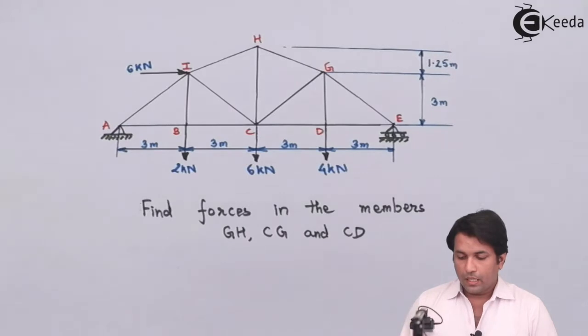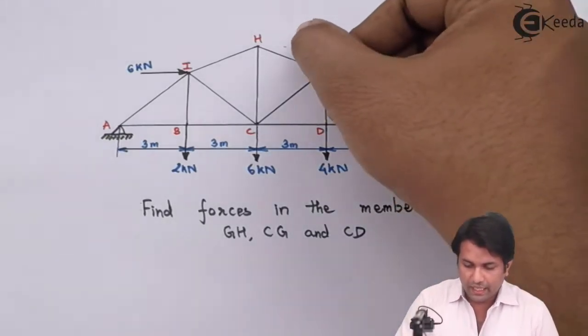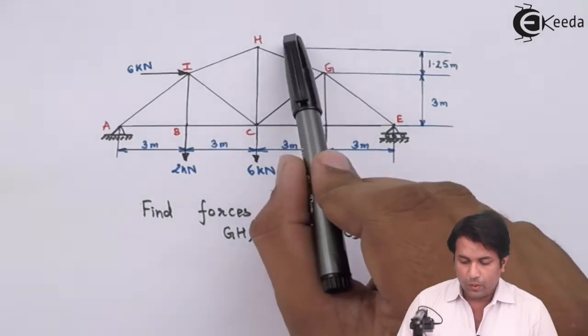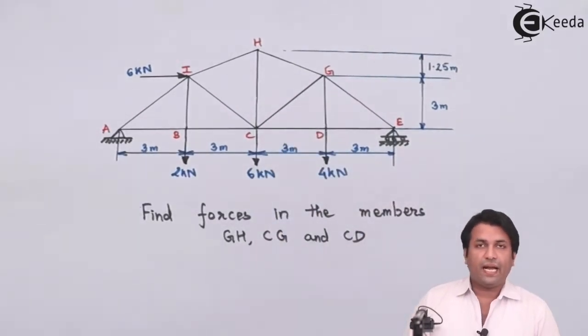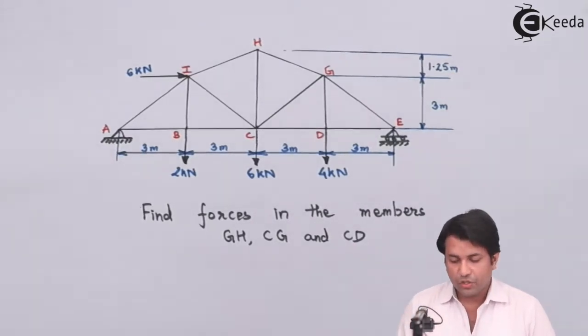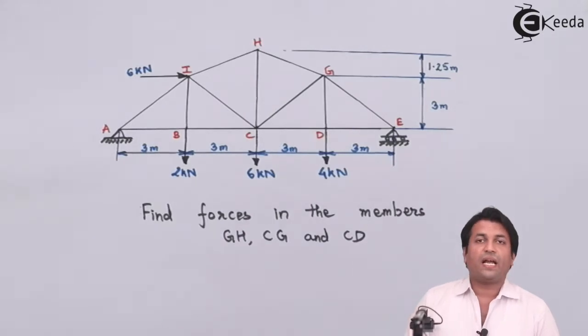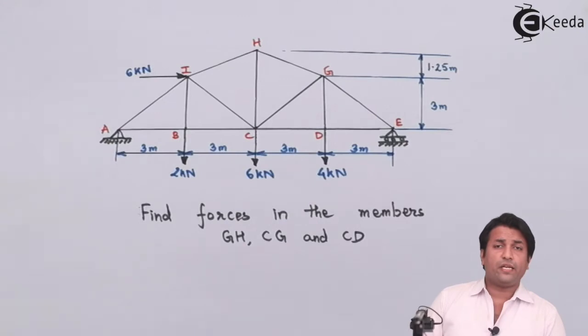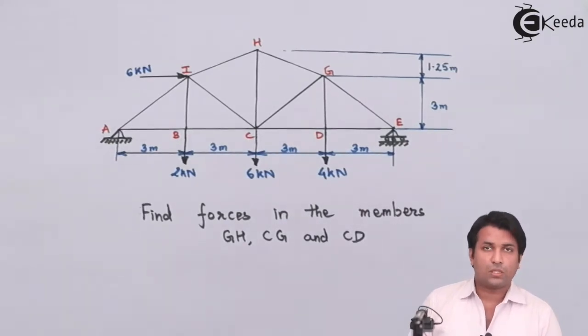Now, if I draw a vertical line over here like this, the line which is going vertically down, in that case, I'm cutting all the three members, the member GH, CG and CD. You have to take care that you're not cutting more than three members.